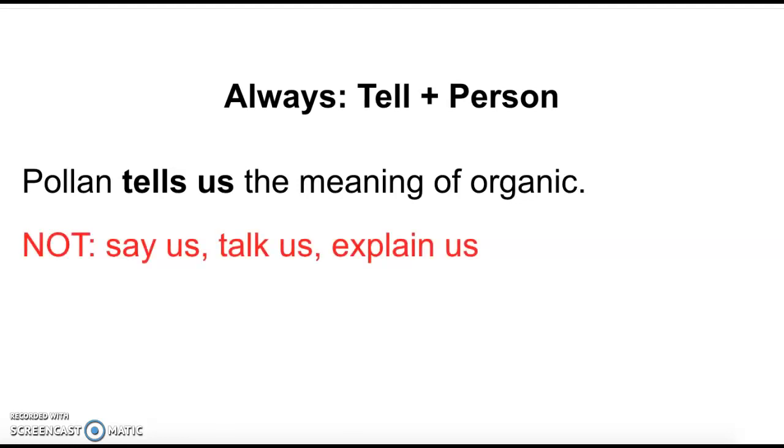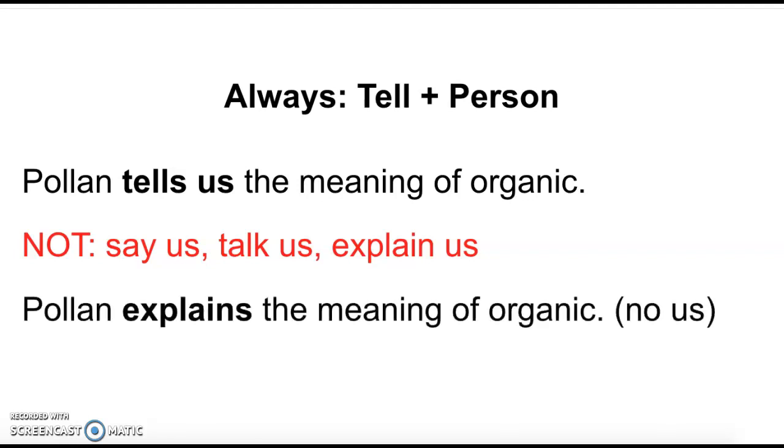You're not going to use us with other verbs. So you would not say Pollan says us, Pollan talks us, Pollan explains us. Those would all be wrong. Especially I see problems with explain. So make sure you say Pollan explains the meaning of organic. No us.